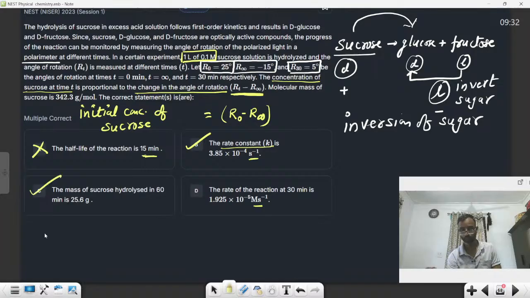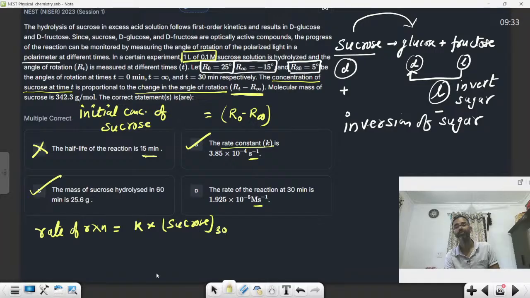Now the rate of reaction at 30 minutes. The rate of reaction is k into the concentration of sucrose at 30 minutes.